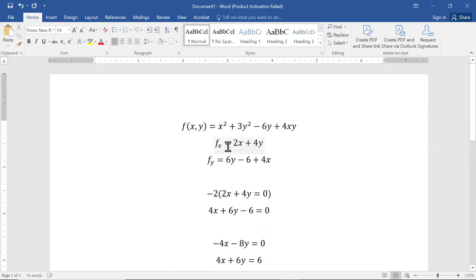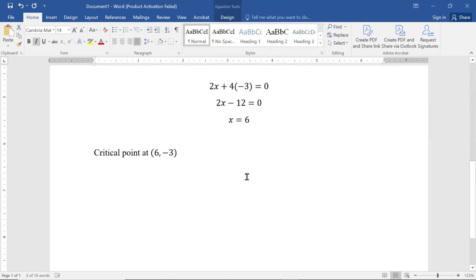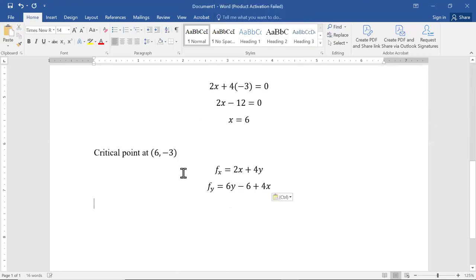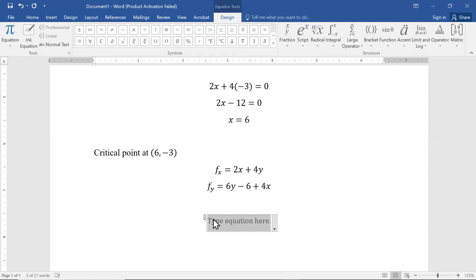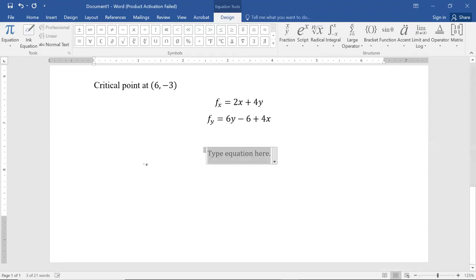Now, we want to figure out whether that critical point is going to give me a relative minimum, a relative maximum, or a saddle point. So I need to take the second derivatives. F sub xx, second derivative, both with respect to x, is going to give me a 2.